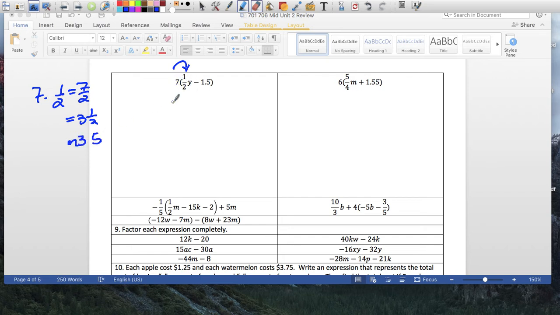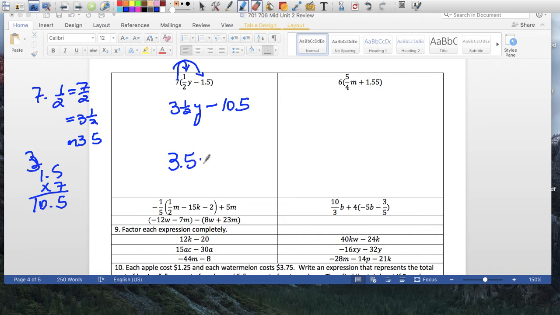So 7 times a half is 3 1/2 y. Positive times a negative is a negative, and 7 times 1.5 is 10.5, so minus 10.5. If you chose to write this as 3.5, that's fine too. Choice is yours.